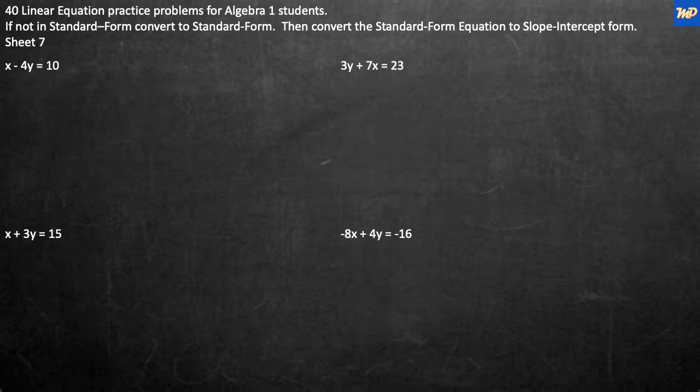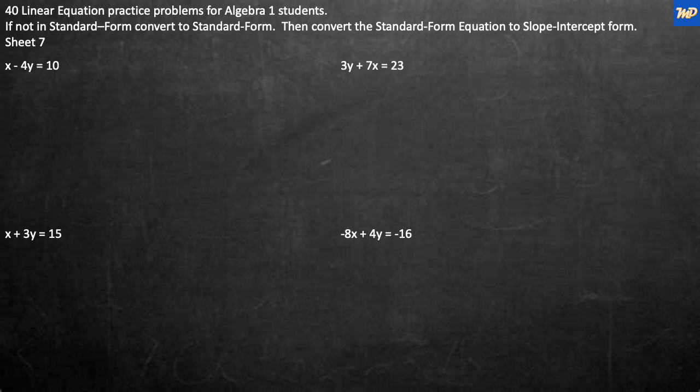Okay, it looks like we're doing slide 7. Same instructions. Convert to standard form first, and then from standard form to slope-intercept form. Let's look at the first problem. X minus 4y equals 10. Based on our rules that we've learned, there are no common factors in these coefficients.